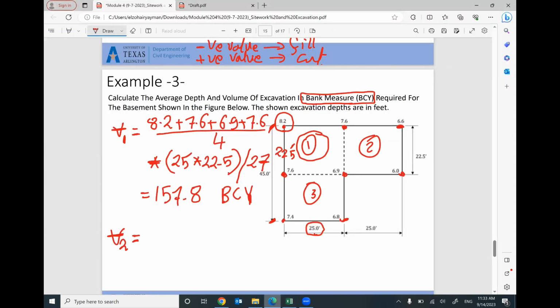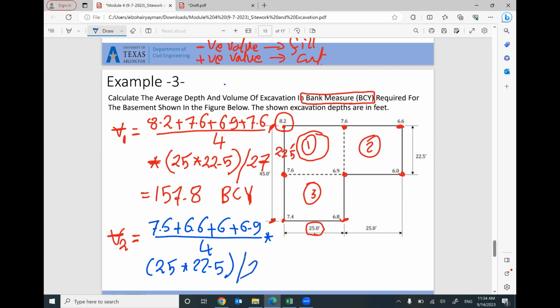So for cell number 2, I have the average: 7.6 plus 6.6 plus 6.9 plus 6, divided by 4, times the area 25 times 22.5, divided by 27. I got 141.1 bank cubic yard.